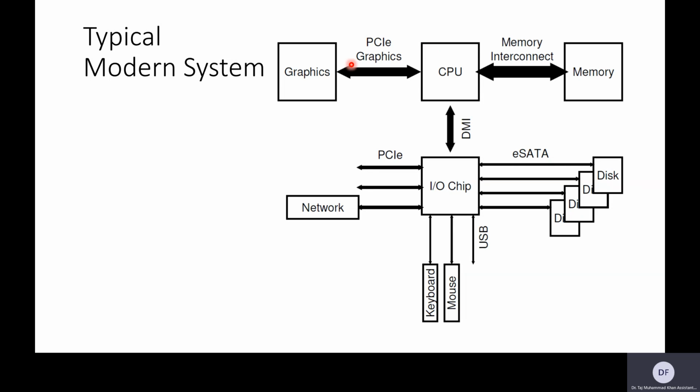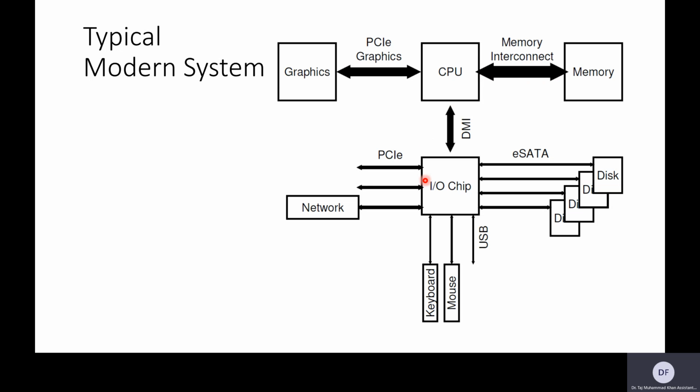So graphics cards need a high speed connection to the CPU these days. So we have this PCIe, the PCI Express bus, which connects the graphics card to the CPU. The memory interconnect, similarly, is a high-speed bus which connects memory to the CPU.